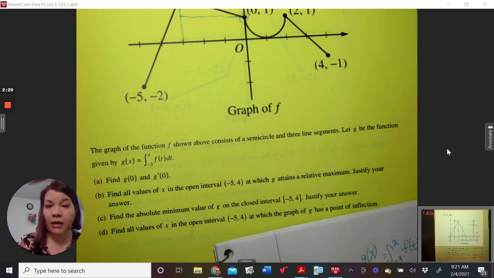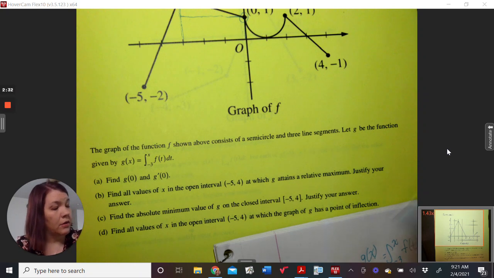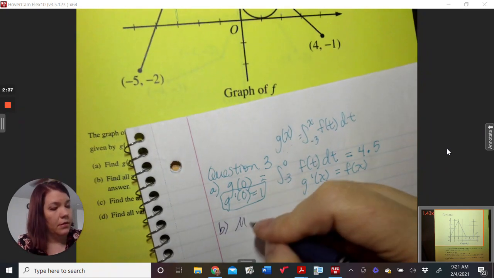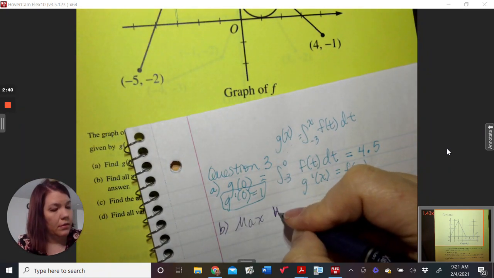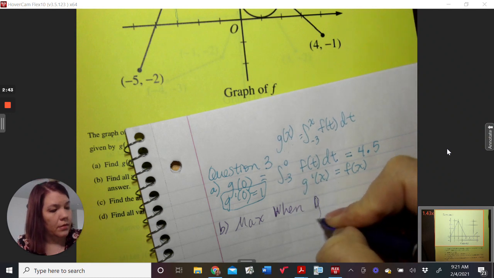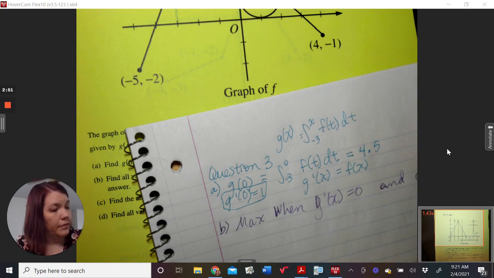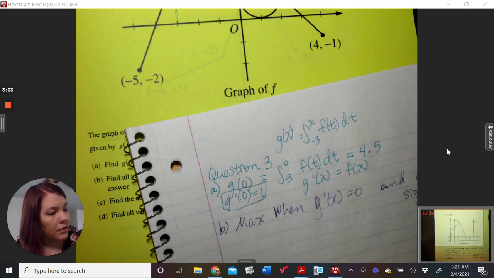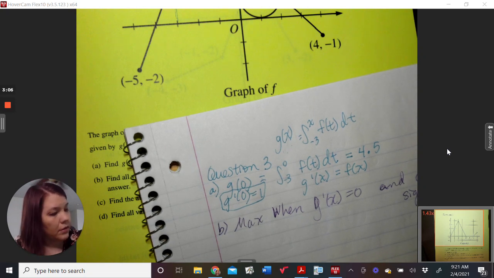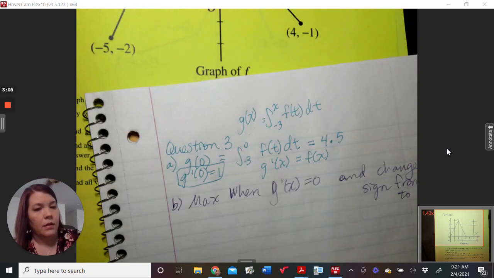So again, g will have a max when the derivative is equal to 0 and changes sign, from positive to negative.